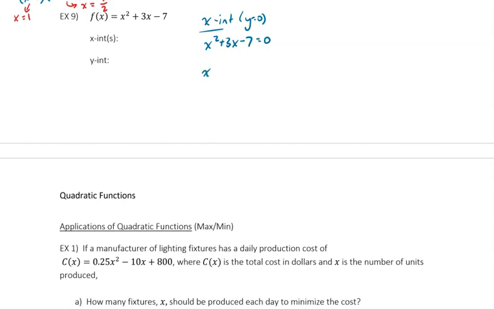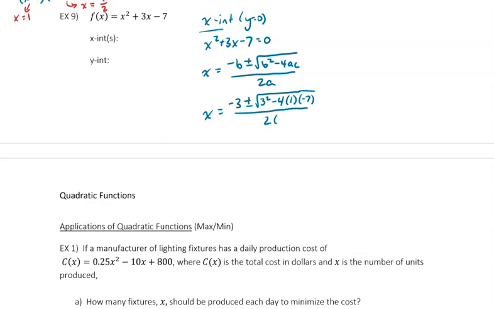So as a reminder, x equals -b plus or minus the square root of b squared minus 4ac all over 2a is the quadratic formula. If we go ahead and plug everything in, we have -3 plus or minus the square root of 3 squared minus 4 times 1 times -7 all over 2 times 1.